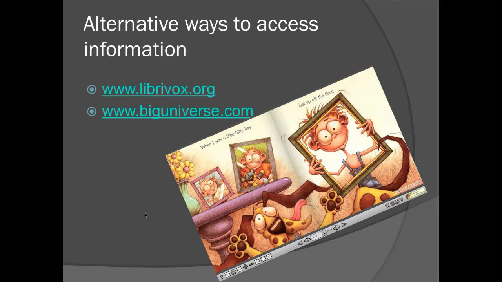It's a volunteer organization, and I've even had some older kids volunteer to read out loud some text and send it into LibriVox as a way to volunteer. It's a great way to give kids different ways to access information.